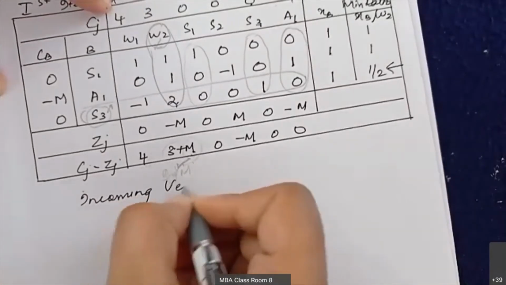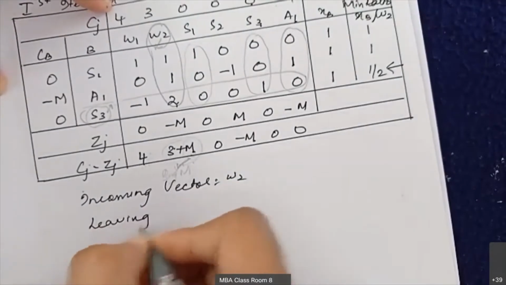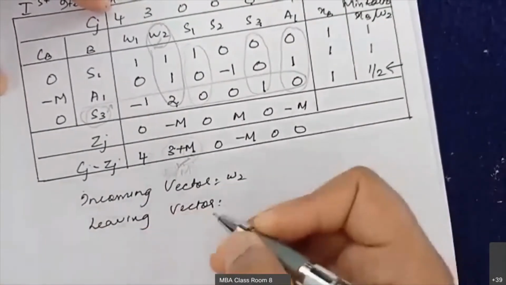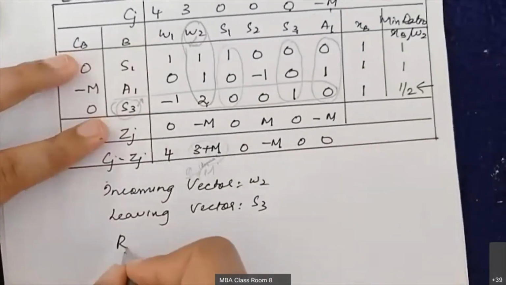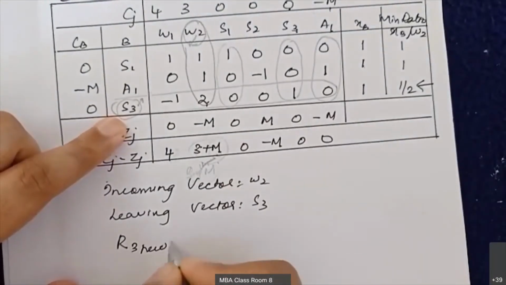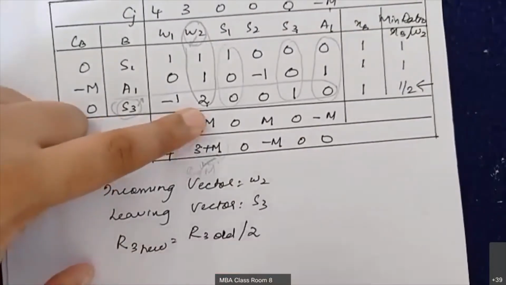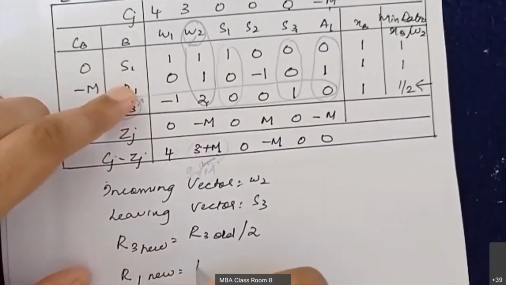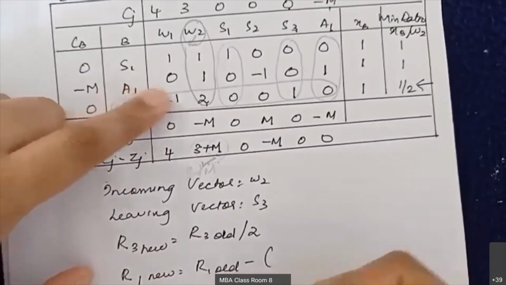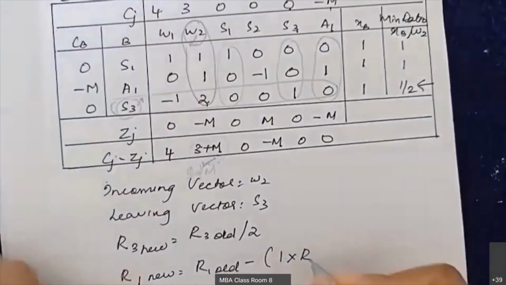So the incoming vector is W2, the leaving vector is going to be S3, and we have to perform the row operations. We'll start with the key row. That is R3 new is equal to R3 old divided by the key value, which is 2. Next, R1 new is R1 old minus the value corresponding to the first row, that is 1, into R3 new.